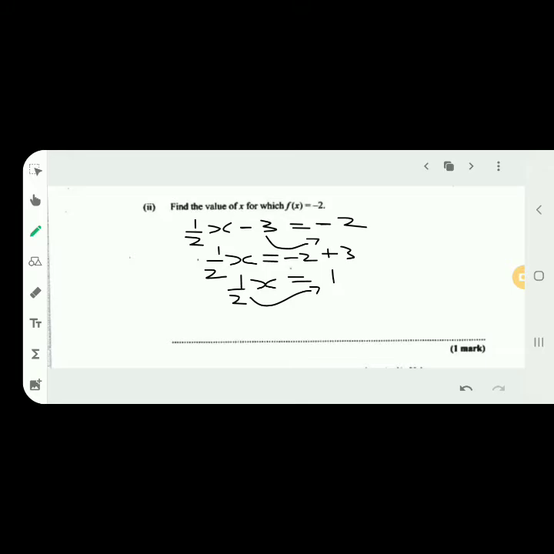When I transpose and cross multiply, x is equal to 1 times 2, x is equal to 2. So what that means is that when I plug 2 right here where the x is, my answer is supposed to be negative 2. Let's check that really quickly. A half x, that means a half of 2 minus 3. A half of 2 is 1, minus 3. 1 minus 3 is indeed negative 2.